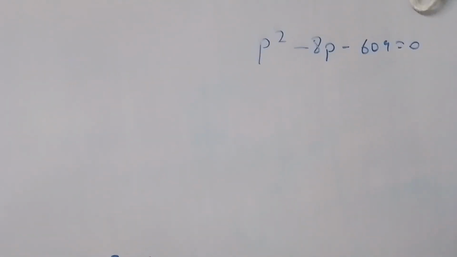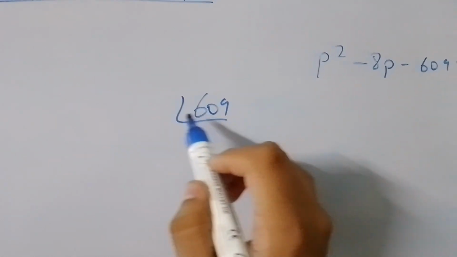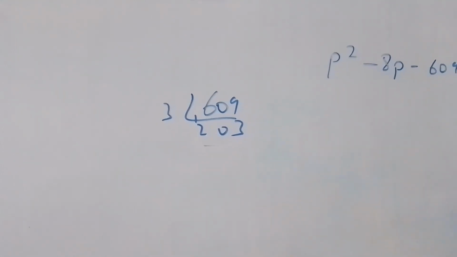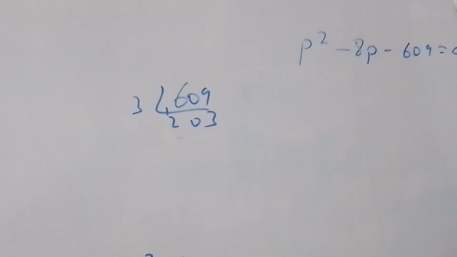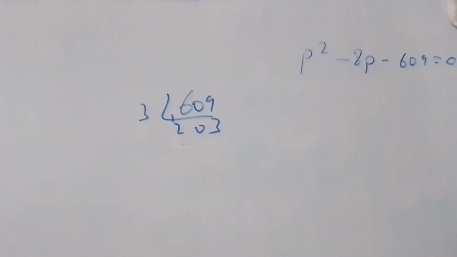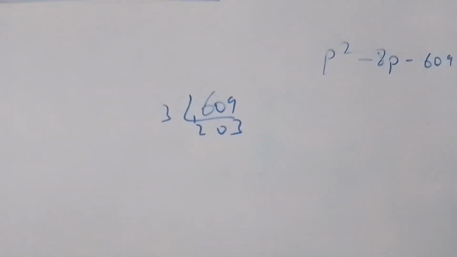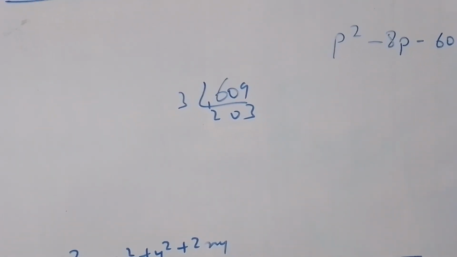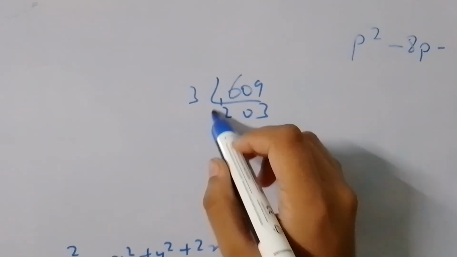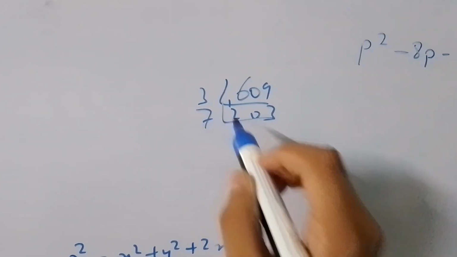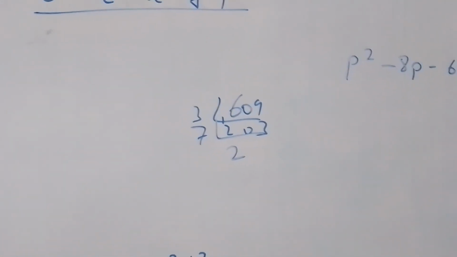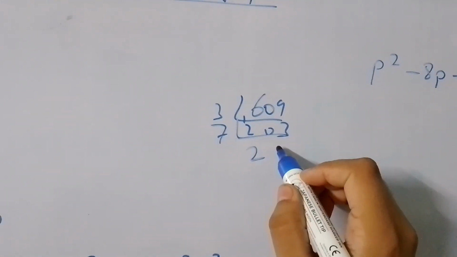Now we need to find the middle term of 609. 203, is it a prime number? 203, I guess it will be divisible by 7. 7 2s are 14, 7 3s are 21.